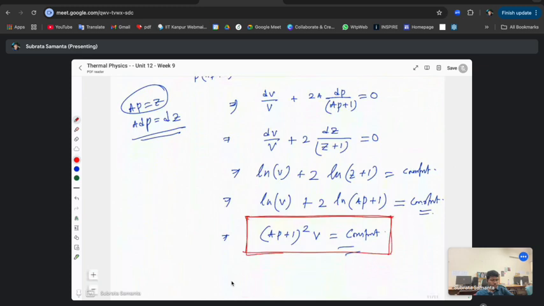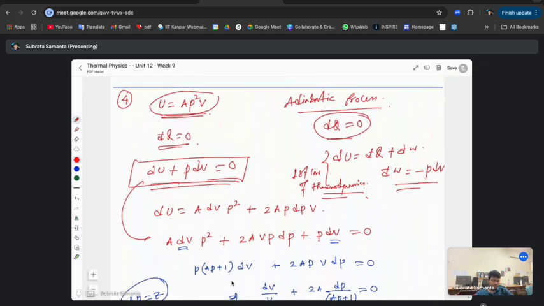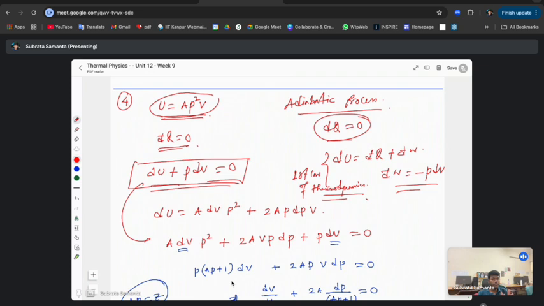Okay, so the basic steps: once you know the form of U, because the U form is given, basically use the first law of thermodynamics, so dU is basically dq plus dw, right? For the adiabatic process, dq equals to 0.